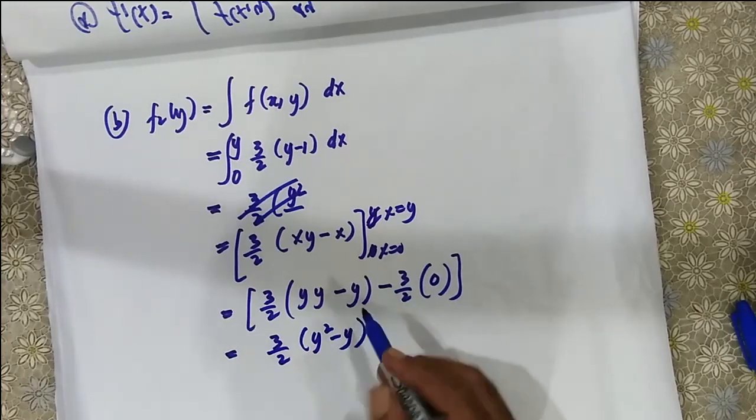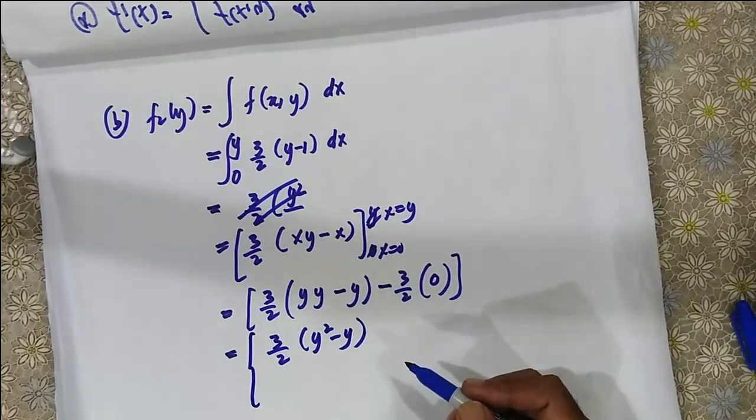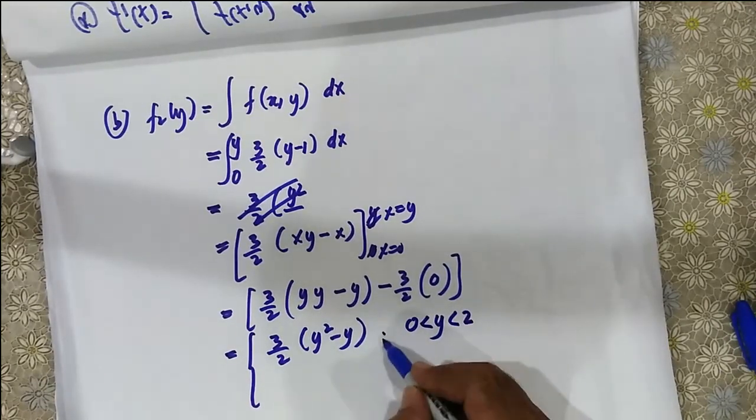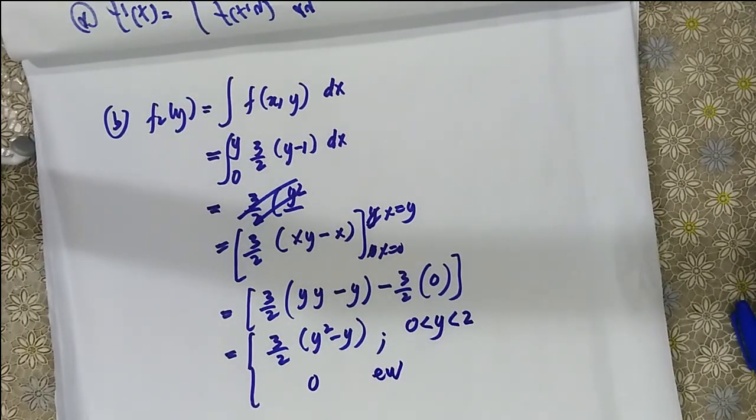You can leave the answer like this. The range of y is from 0 to 2, and 0 elsewhere. Okay, this is how we solve B.